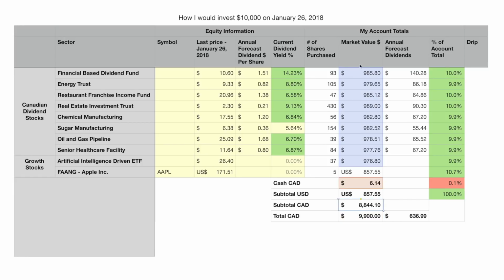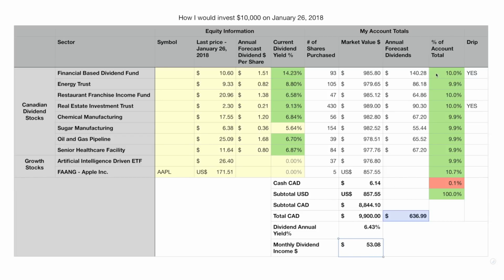The subtotal in Canadian, you can see that's how I added this column. And there's the US dollars, and then this Canadian is actually the US converted into Canadian in addition to the Canadian equities above. So the $9,900 invested should yield approximately $636.99 this year, which gives us an annual dividend return of 6.43%, or $53.08 per month.